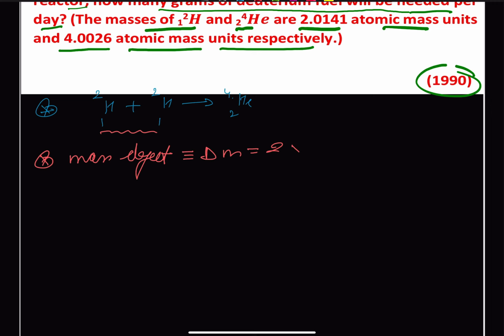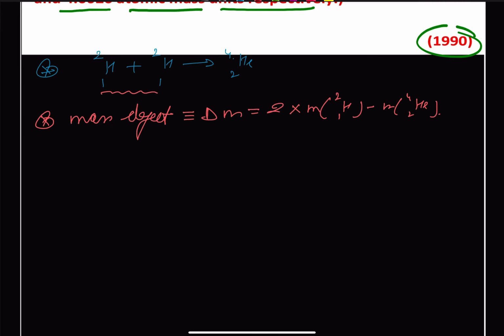So this comes as 2 multiplied by mass of our 1 2 minus mass of our helium 2 4. Their respective AMUs are given to us, so we can just substitute them. We get this as 2 into 2.0141 minus 4.0026, which will be coming close to 0.0256 AMU.